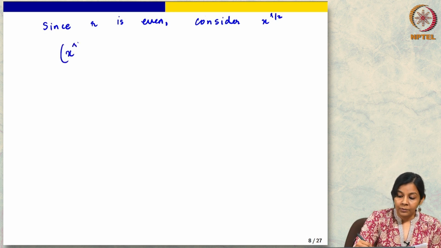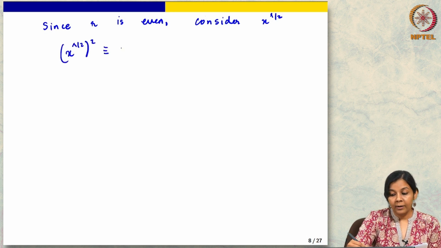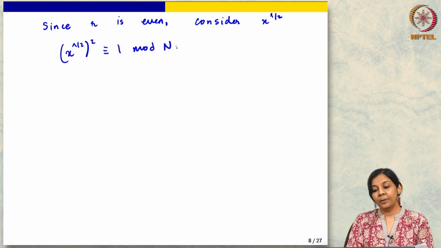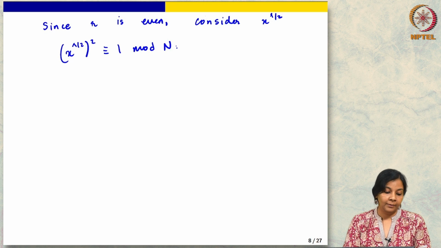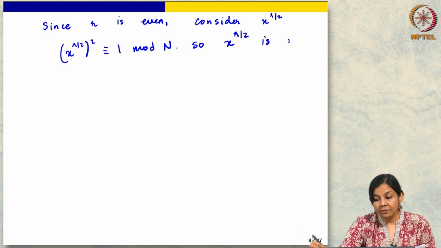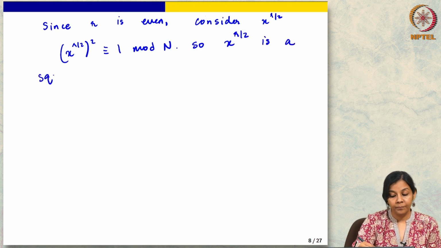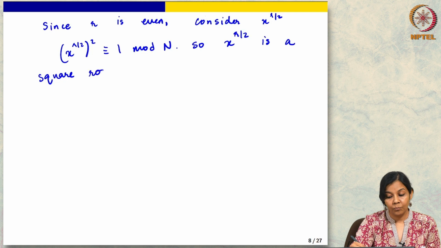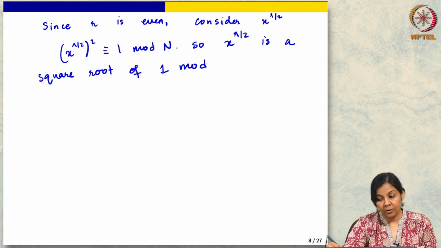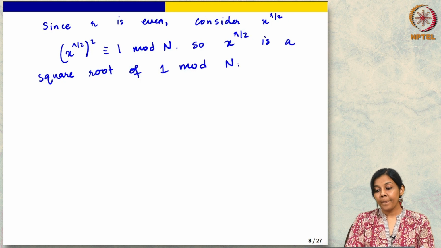So, x to the r over 2 the whole squared is obviously congruent to 1 mod n. This is just by definition of the order of x. So, x to the r over 2 is a square root of 1 mod n.